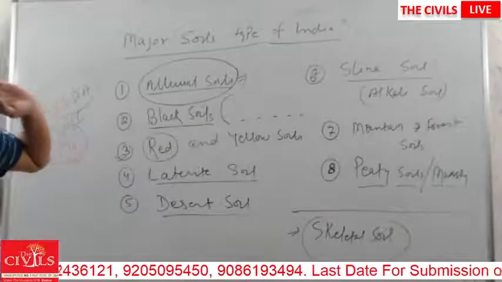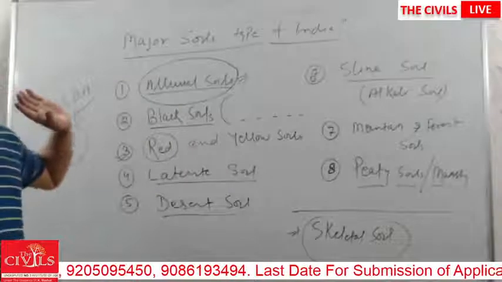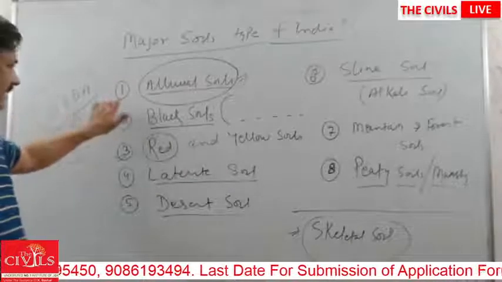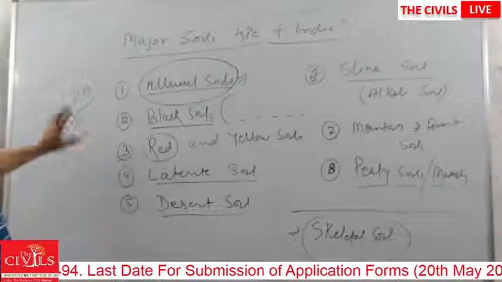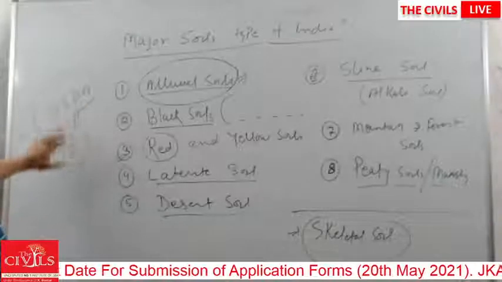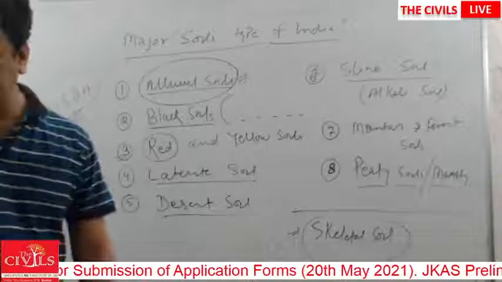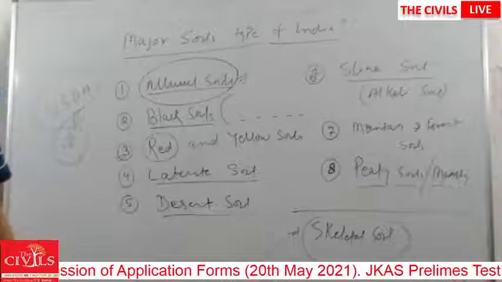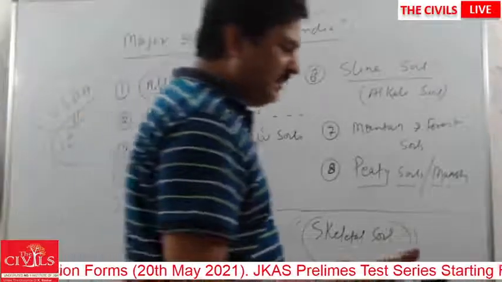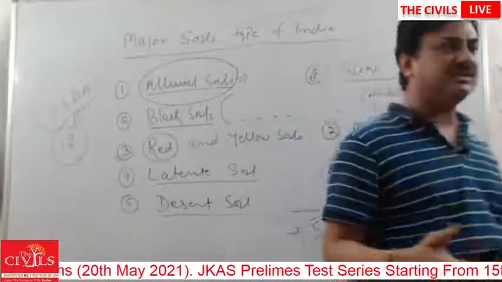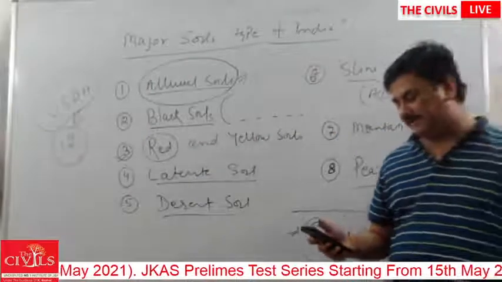Alluvial soil is the soil of which category proposed by USDA? Tell me the answer. Yesterday we have discussed the 12 groups in which the entire soil of the world is classified.